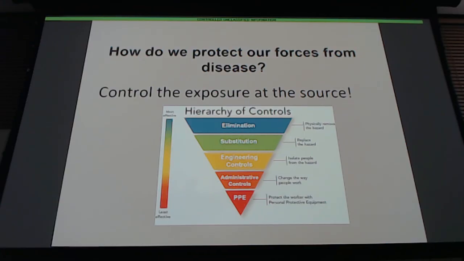Putting up barriers, improving sanitation structures for people to be able to wash their hands appropriately. Engineering controls. Your substitution is basically trying to replace hazardous stuff with safer alternatives. That's all your substitution is. But just understand that elimination is your most effective method, and PPE is your least effective method.